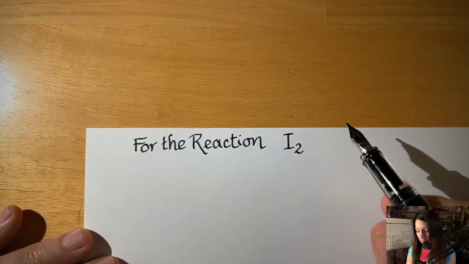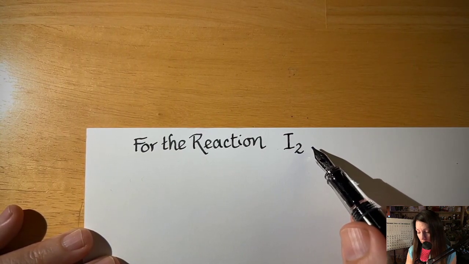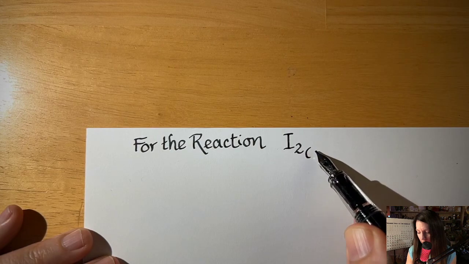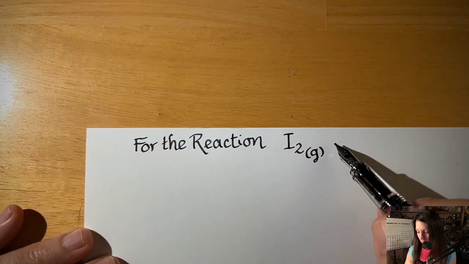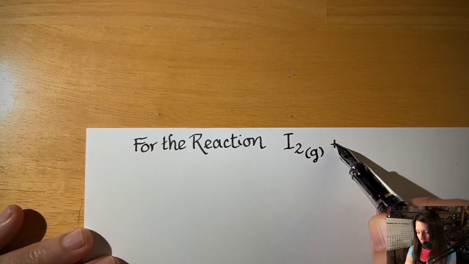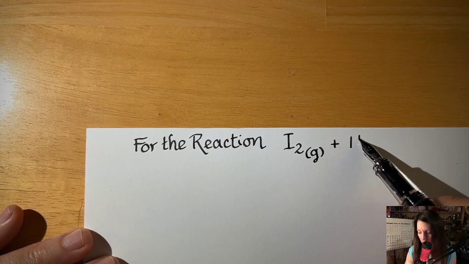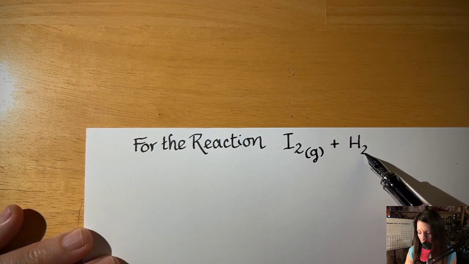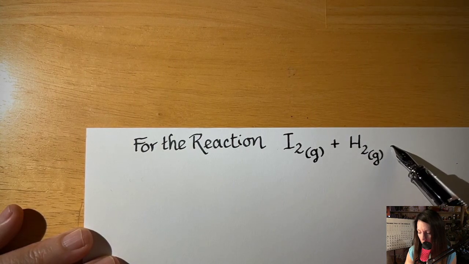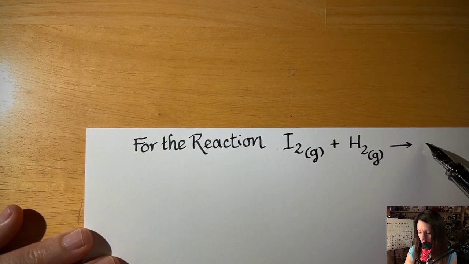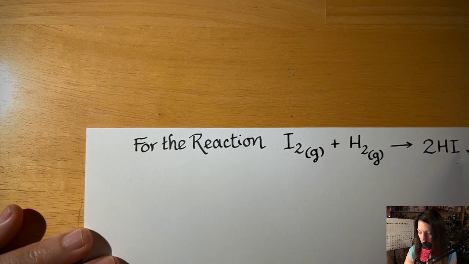However, it is volatile enough that you can actually get some iodine vapor. Okay, and this iodine vapor can react with hydrogen in the gas phase, and these two can react together and give two hydrogen iodide molecules in the gas phase.